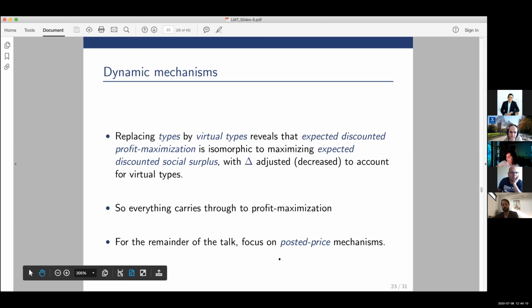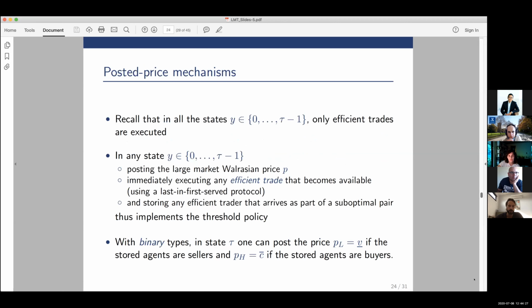Okay, so that's a short story about profit maximization, but I think it does the trick. For the remainder of the talk, I'll focus on posted price mechanisms, or at some point almost posted price mechanisms. You will see what that means. That refers to the situation where you have continuously distributed types. Let's look at posted price mechanisms.